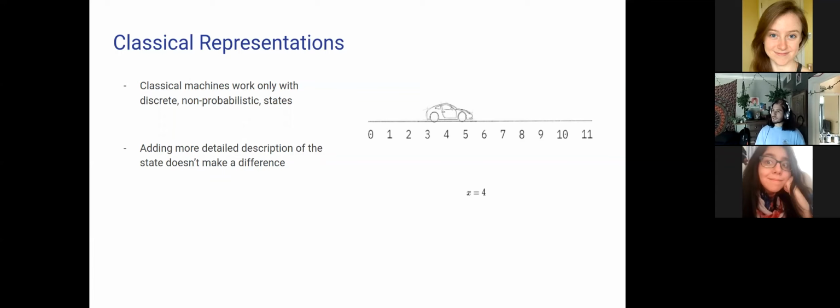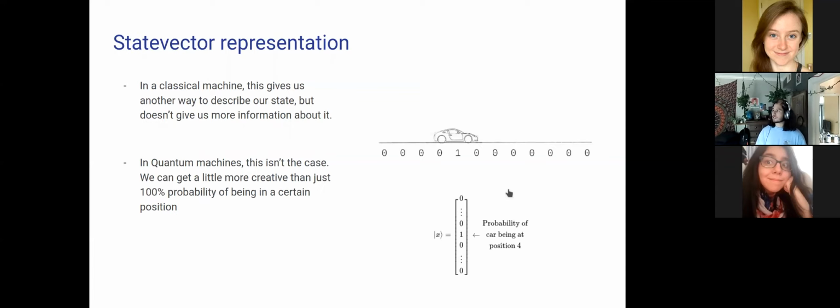When we think about what a state vector representation would look like, we can look at something like this. If we were to define this on a classical machine, we could say that it has a probability of 1, or 100%, of being at the 4th position, and a 0 probability of being at all the other positions, right?